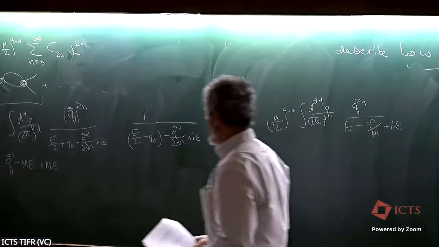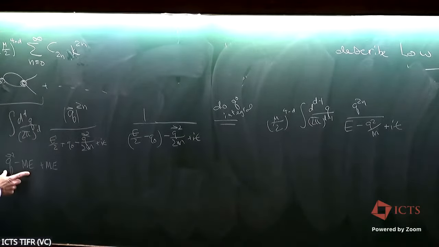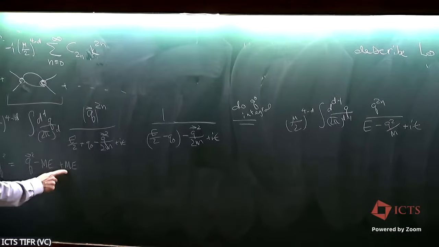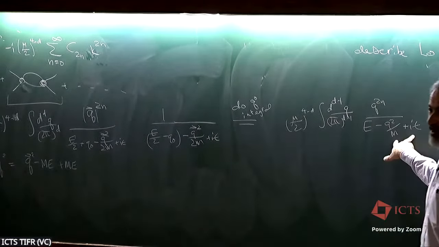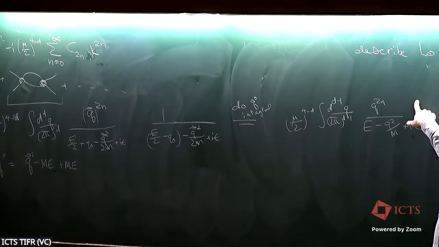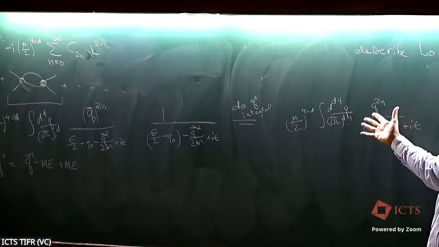And if I replace a power of q squared by q squared minus mE plus mE, then the q squared minus mE cancels the propagator. I'm left with q squared to the 2n minus 1, but that's a divergent integral, and in dim reg it's 0.